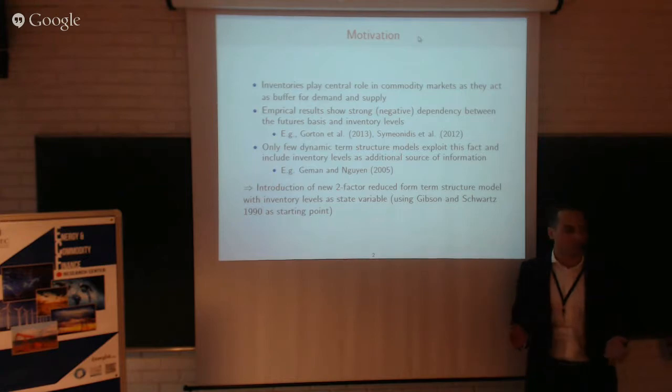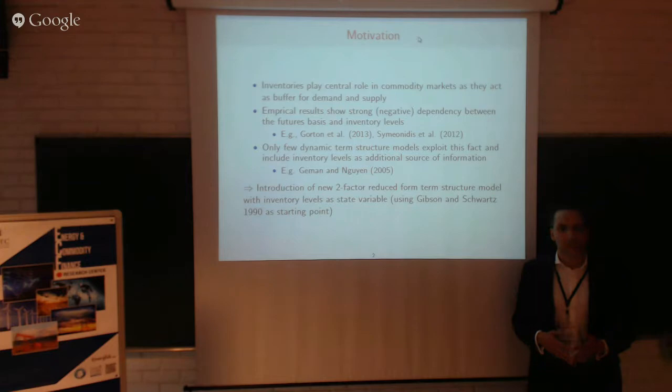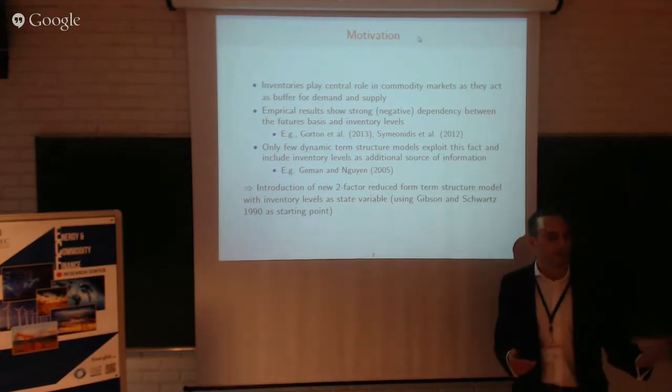When I would explain this model to someone, it's a two-factor model, and the dynamics of the commodity forward curve are described by the first factor, which is the spot price dynamics, and then there's a second factor, which is the convenience yield.